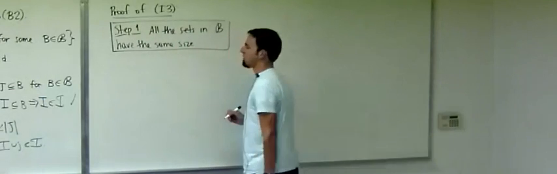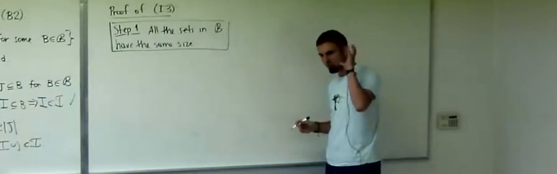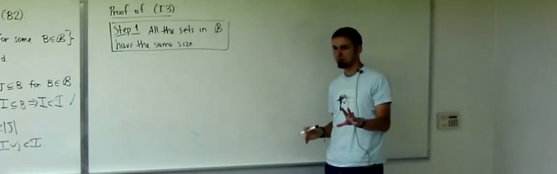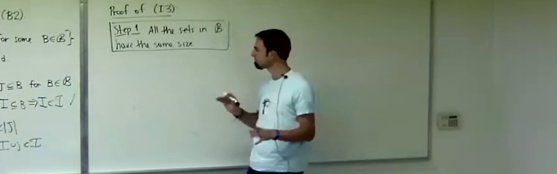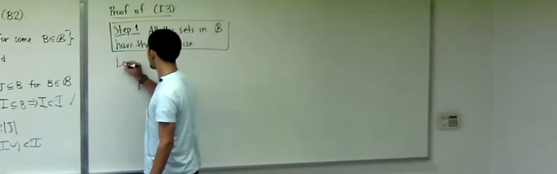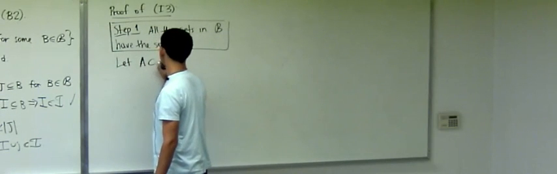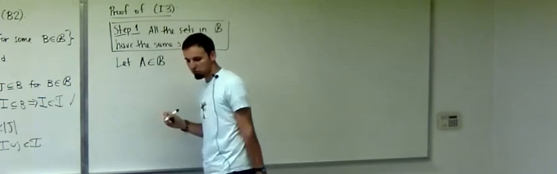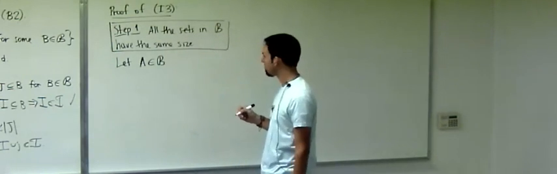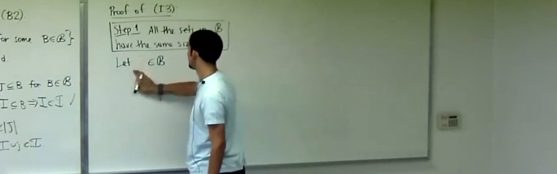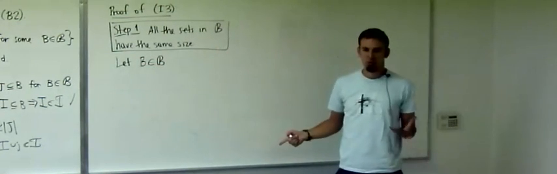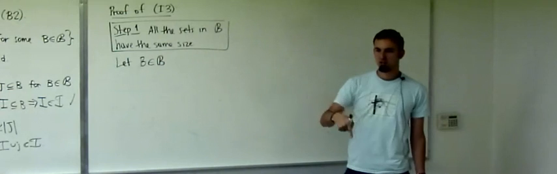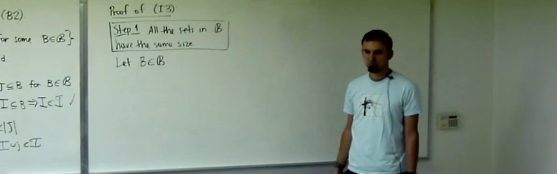Okay, so this is my first step. How am I going to do it? I'm going to pick a basis and then show that all the other ones have the same size as this one. So let A be a basis, and it's going to be convenient to call it B. I could pick any one, so let me pick one that has the smallest size possible.